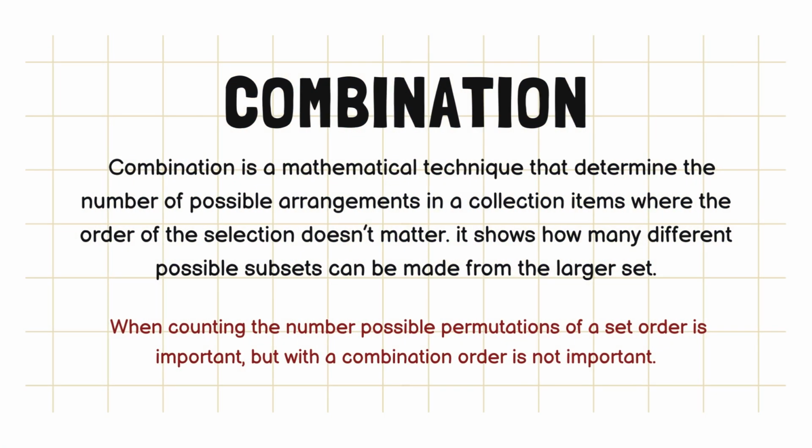Next, about combination. Combination is a mathematical technique that determines the number of possible arrangements in a collection of items where the order of the selection doesn't matter. It shows how many different possible subsets can be made from the larger set. The difference between permutation and combination is that when counting the number of possible permutations of a set, order is important, but in a combination, order is not important.